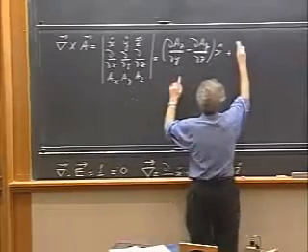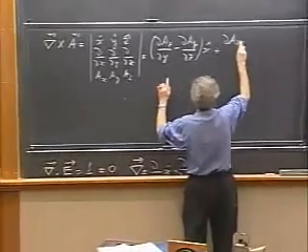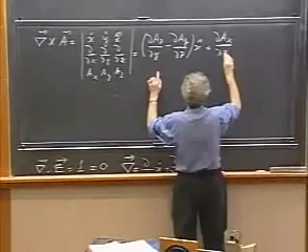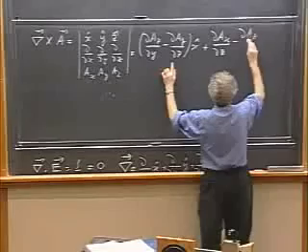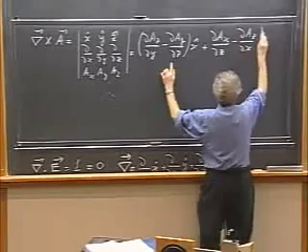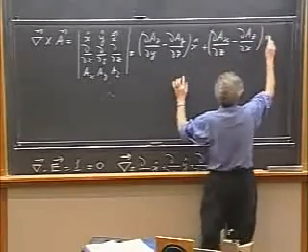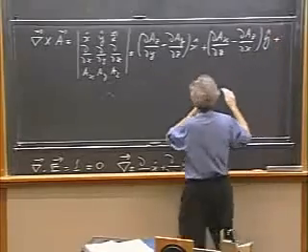And then you get d ax dz minus d az dx. That is in the y direction.